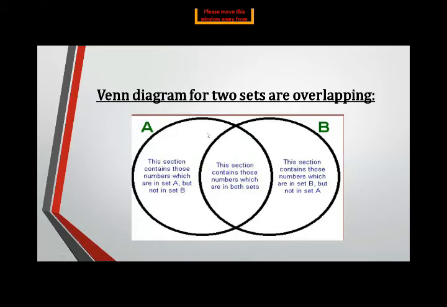Only this section of A contains those numbers which are in set A but not in set B.